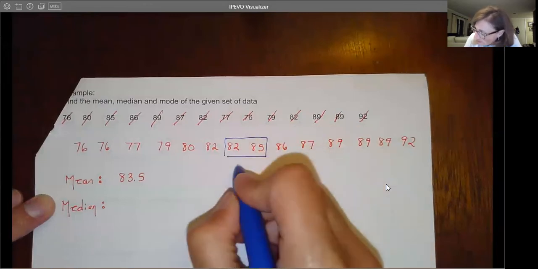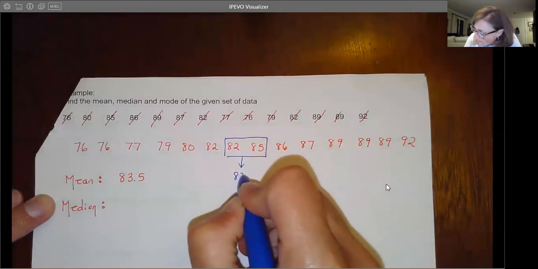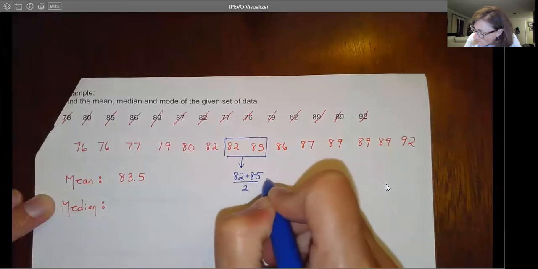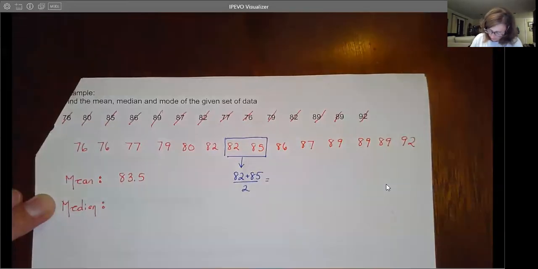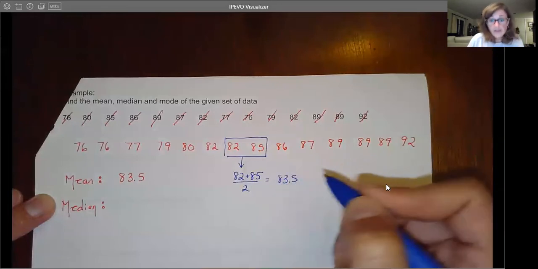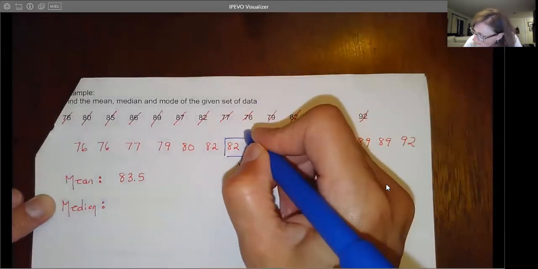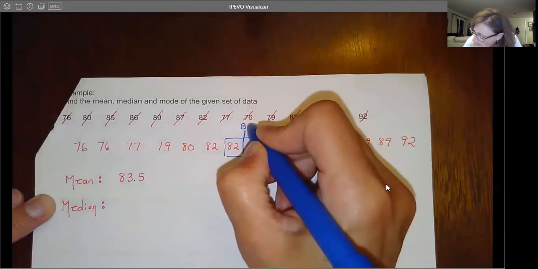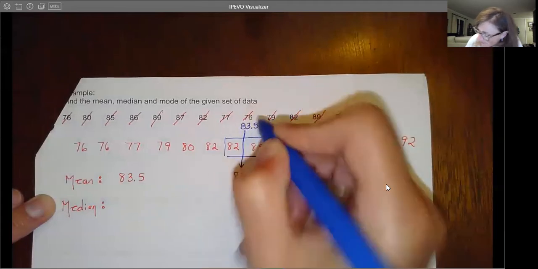If I add those two together and divide by 2, I get 83.5 again. That just happens to be the same value. So right here at 83.5, there's the median.